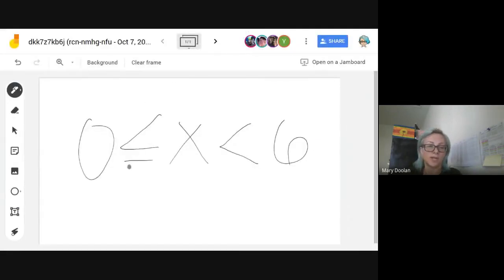So what I'm sharing with you right now, from that problem, we're comparing x in two things. So x is in the middle. We know it's less than 6. We also know that 0 is less than or equal to x. And notice that when I had to include the 0 and the x here, I included this symbol.